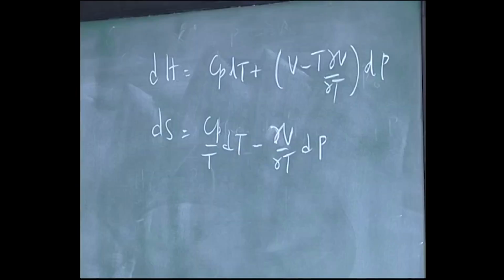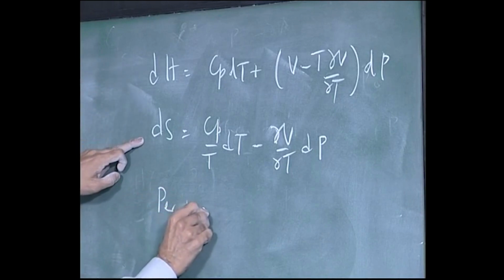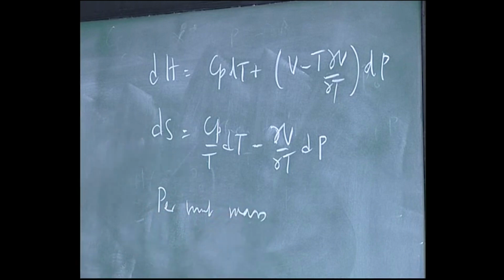It is easier to get dou H by dou P. I will do all this per unit mass. So you will find in the charts they use small h in order to indicate specific enthalpy.